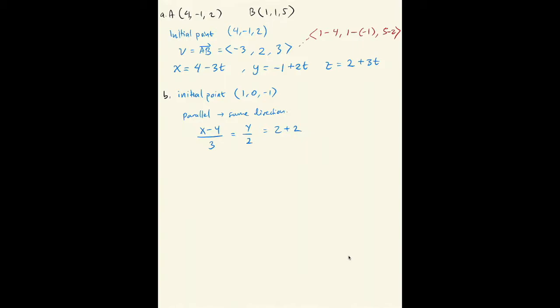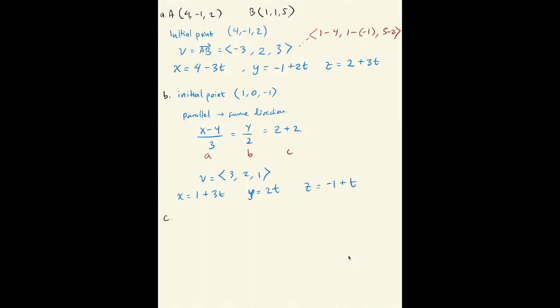This is A, this is B, this is C. So I have the directions from these symmetric equations. I will write the direction vector is A, B, C, 3, 2, 1. So the parametric equation will be our initial point plus the direction vector: x is 1 plus 3t, y is 0 plus 2t, and then z is minus 1 plus t.